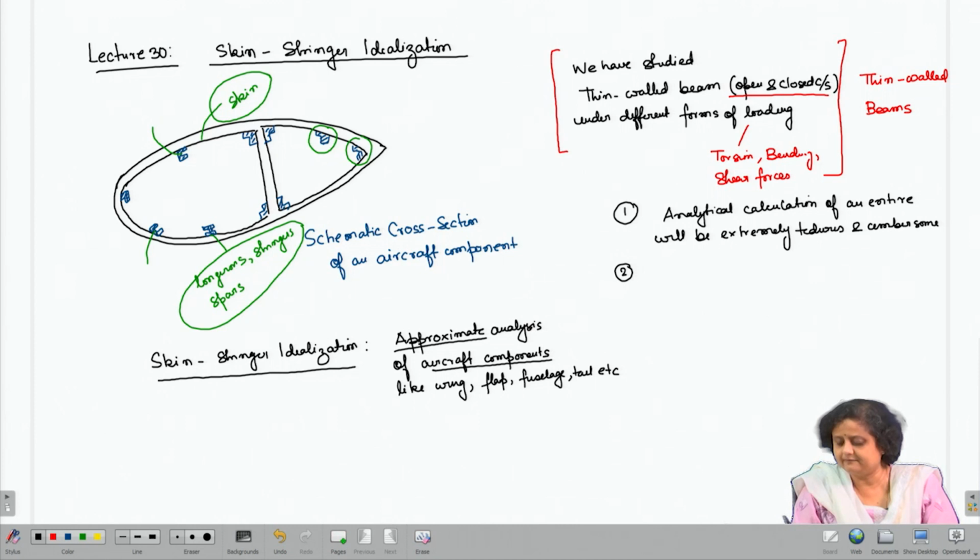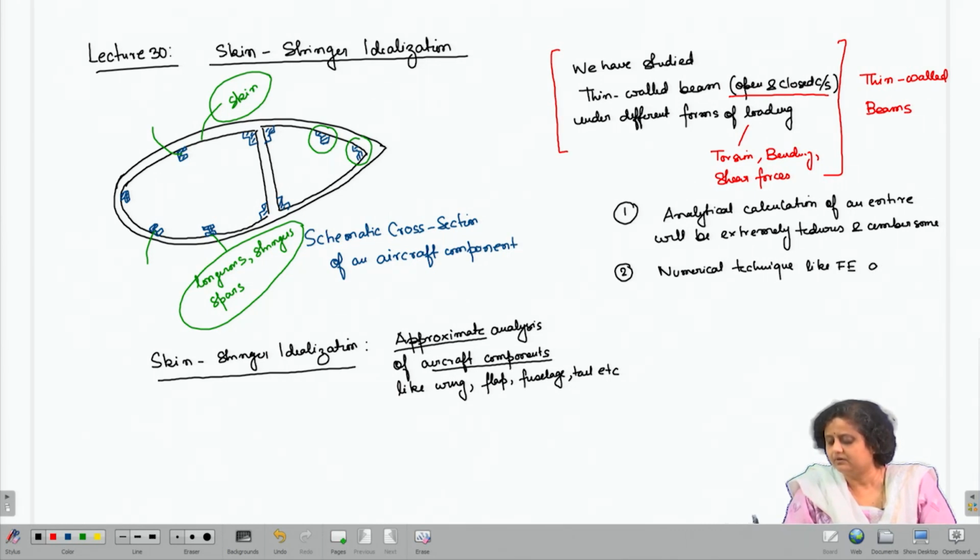Numerical techniques like finite element alone do not provide physical insight.